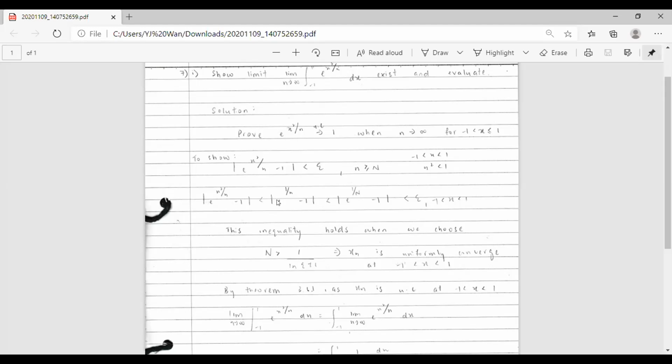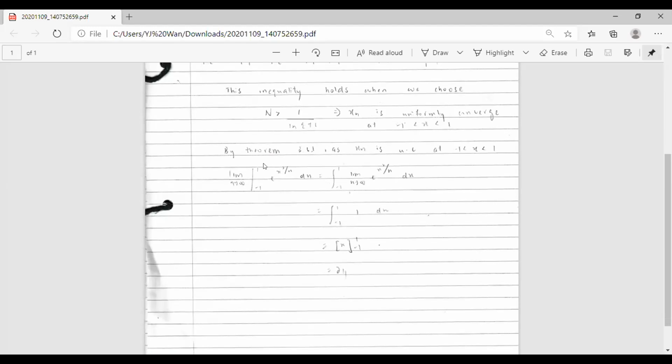I will prove that this inequality holds when we choose n larger than 1 over ln epsilon plus 1. By Theorem 3.6.1, the left-hand side can be written as the right-hand side, so we get the integral as 2.